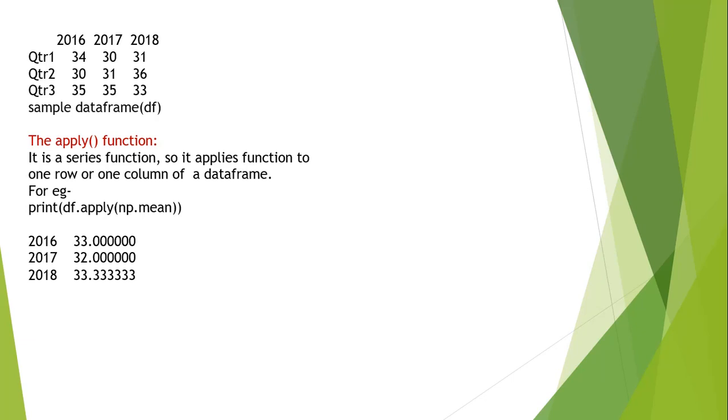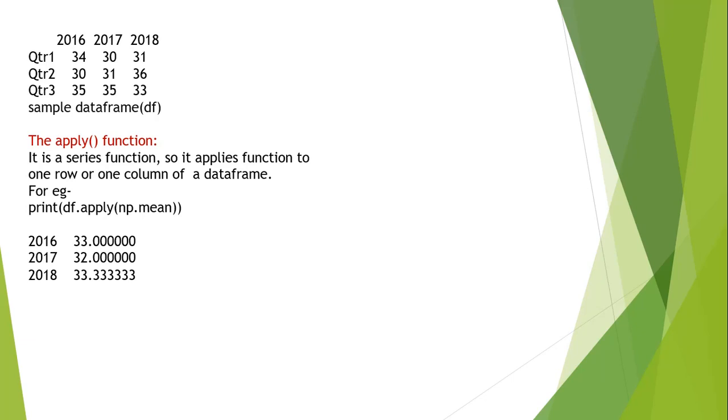Now you can see one thing clearly: for the 2016 column, all the elements have been treated separately, that means 34, 30 and 35 have been taken for the mean. For 2017, the second column, the QTR1, QTR2, QTR3 values of the 2017 column have been treated, and 30 plus 31 plus 35 has been added and divided by 3 to yield 32.0000.